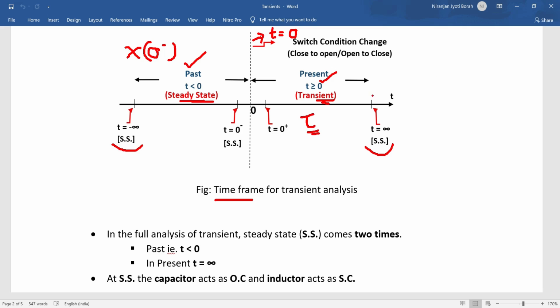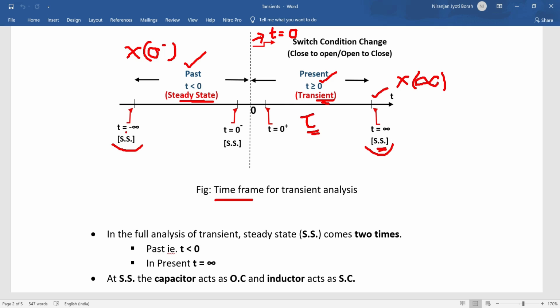At t equals infinity, the circuit will again be in the steady state. At this time of the time frame, the circuit will be analyzed to find the final value of the voltage or current of the inductor or capacitor.